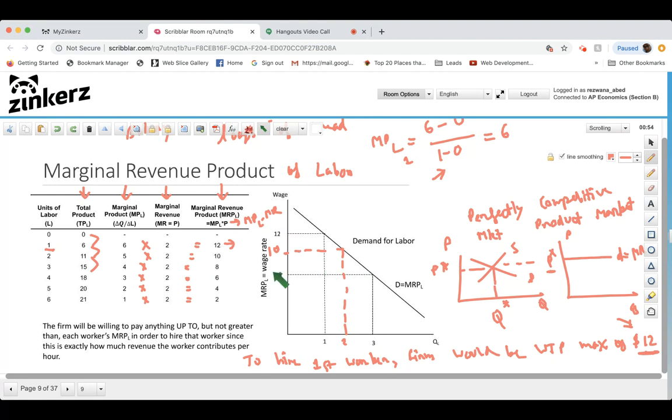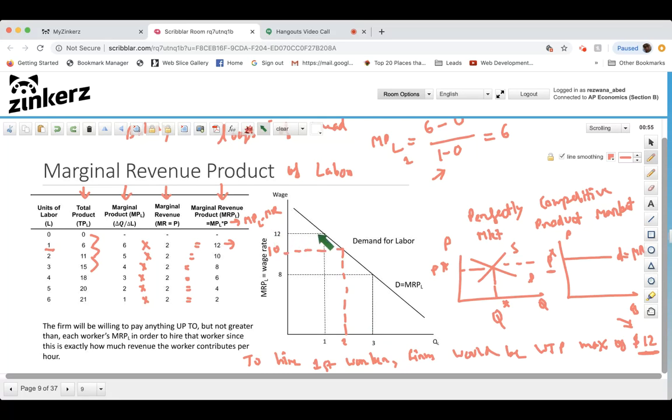As you can see, if we plot this marginal revenue product of labor against quantity of labor, as we have done in this graph, the MRPL is equal to the wage rate, because 12, 10, 8 are the maximum that the farms would be willing to pay to hire the workers respectively.